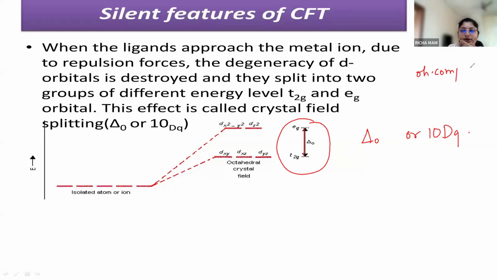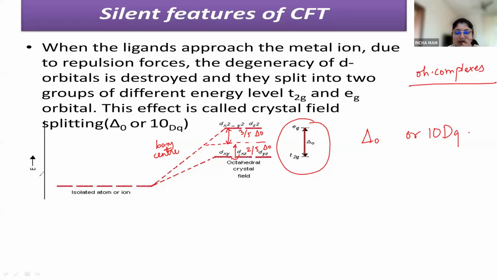Remember, in octahedral complexes it is given as delta O. Between the T2G and EG there is a barycenter. The T2G is lowered by 2/5 delta O and the EG is raised by 3/5 delta O. So this is the splitting in an octahedral complex.